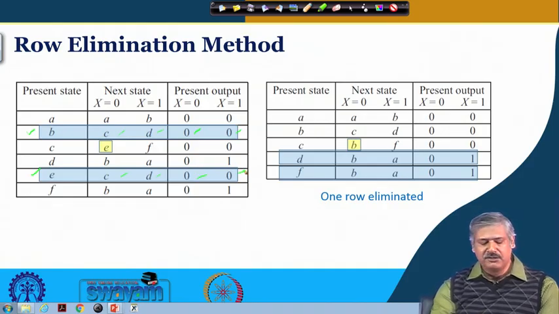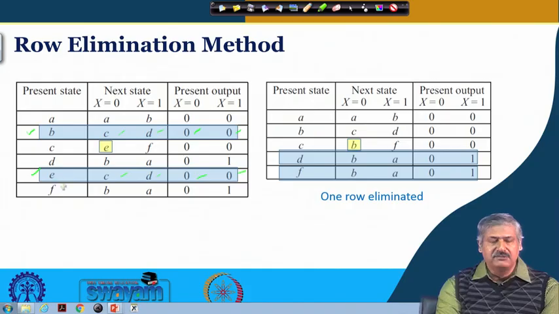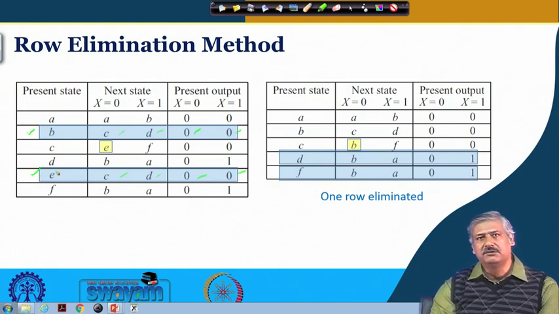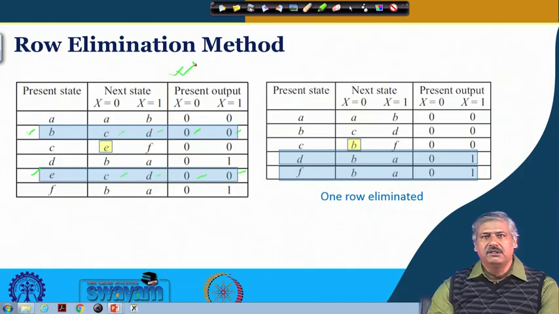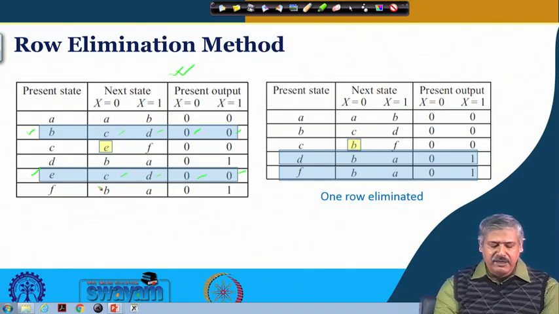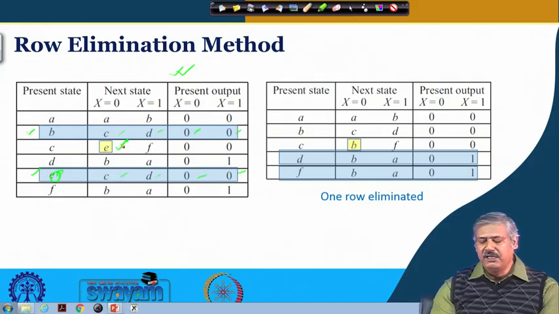That is called one row eliminated. The one that comes later in the order, E, has been removed and B has been retained. In this representation, wherever a reference to E was there, since B and E are equivalent, we replace it with B. Is it fine?